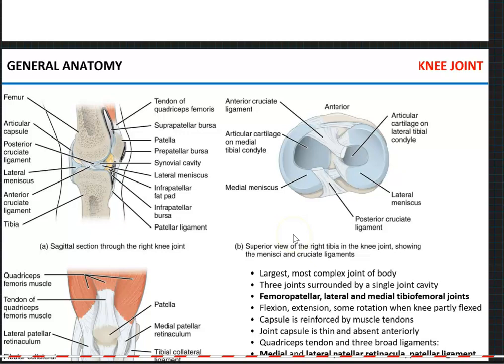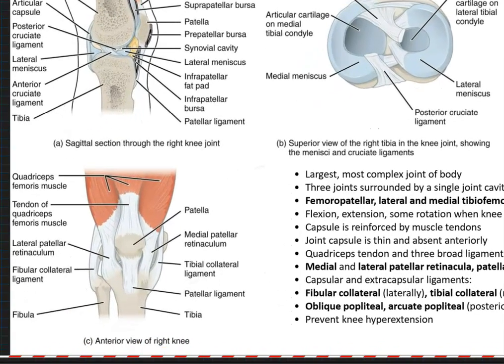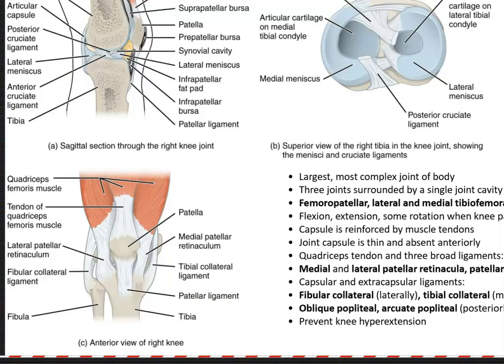Now we're going to chat about some anatomical features of the key joints. I'm not going to go into a lot of bursae and fat pads, and will instead focus on key ligaments, not even tendons. So, hear me out. This is your knee joint. Let's take a look at some of the ligaments that form it.